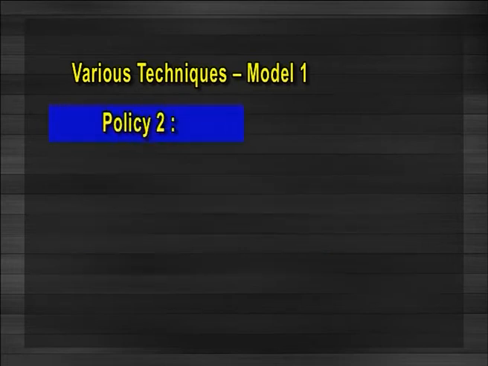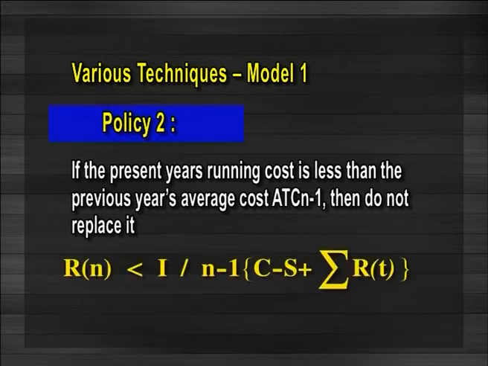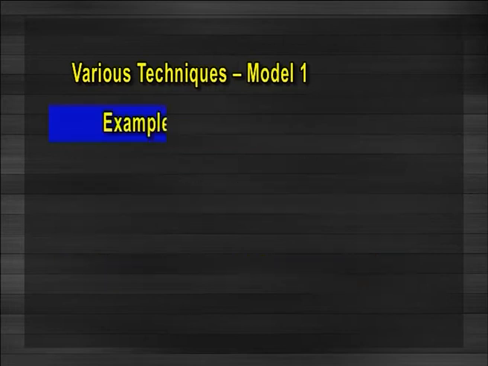Policy 2: If the present year's running cost is less than the previous year's average cost, ATC of n minus 1, then do not replace it. That is, R of n less than 1 by n minus 1 into C minus S plus summation R of t. Let us take an example to understand this model.